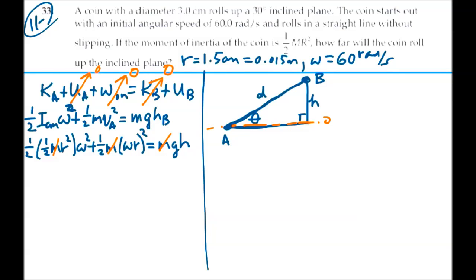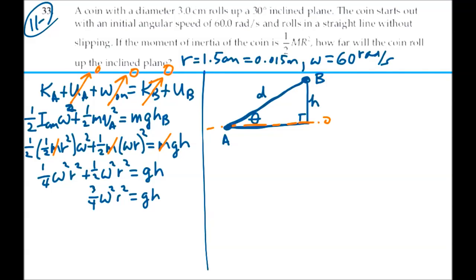And what we're left with is 1/4 omega squared r squared plus 1/2 omega squared r squared equals g times h. Or in other words, 3/4 omega squared r squared equals g times h.